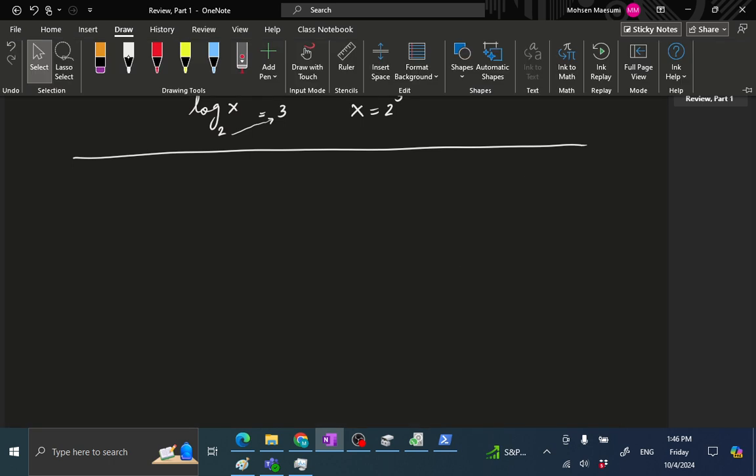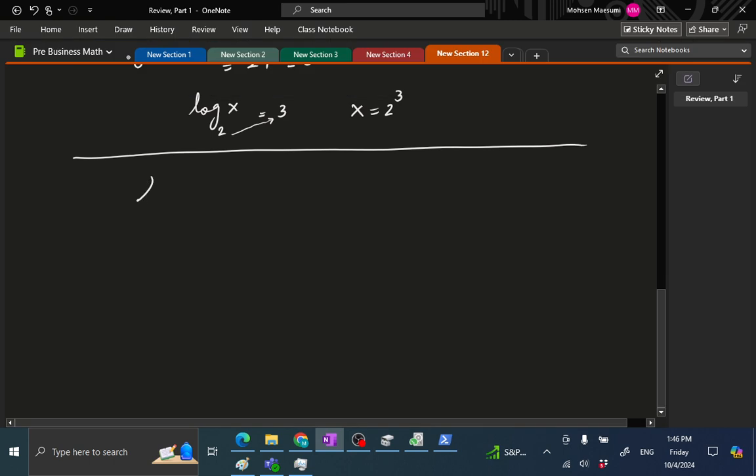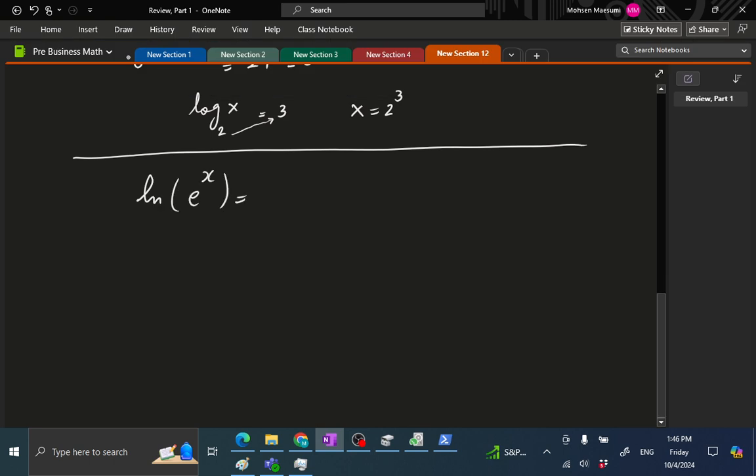So the next question is natural log of exponential of x is 5.37. We want to find x. Let me remind you of a basic rule of logarithm. If you have a logarithm in base b of b to the power of x, that is simply x. That was one of the identities, or one of the rules.